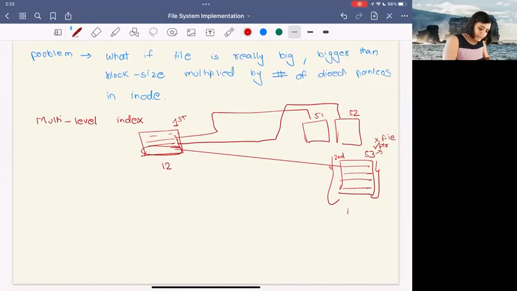So if the block size is 4 kilobyte, then definitely into this additional block, we can store an additional 1024 pointers.